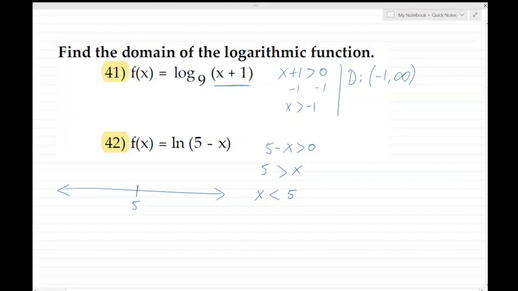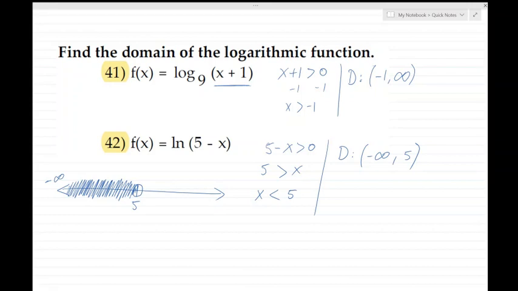It happens to be below 5, not exactly 5. So here is negative infinity all the way up to 5. If you're coming from the left, you start at negative infinity and go all the way up to 5, and that's the domain of this function, as compared to from one number to infinity like it was on number 41.